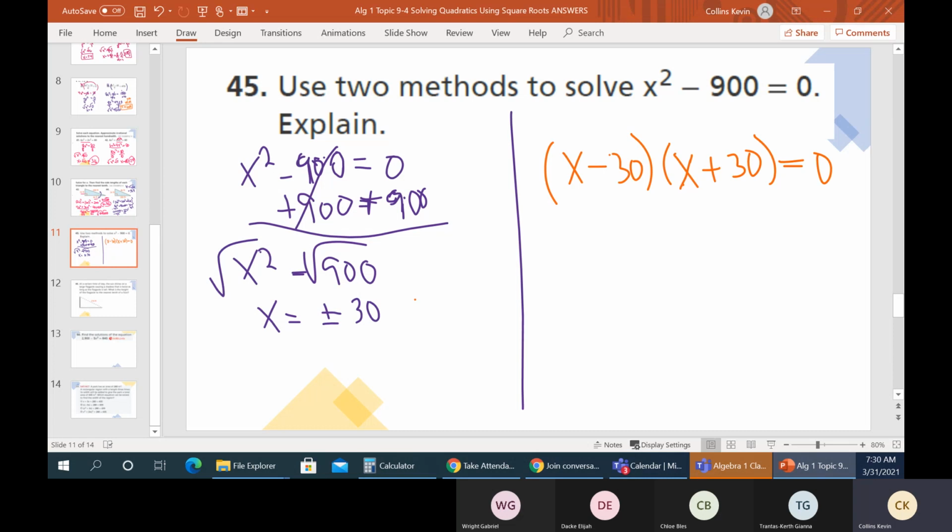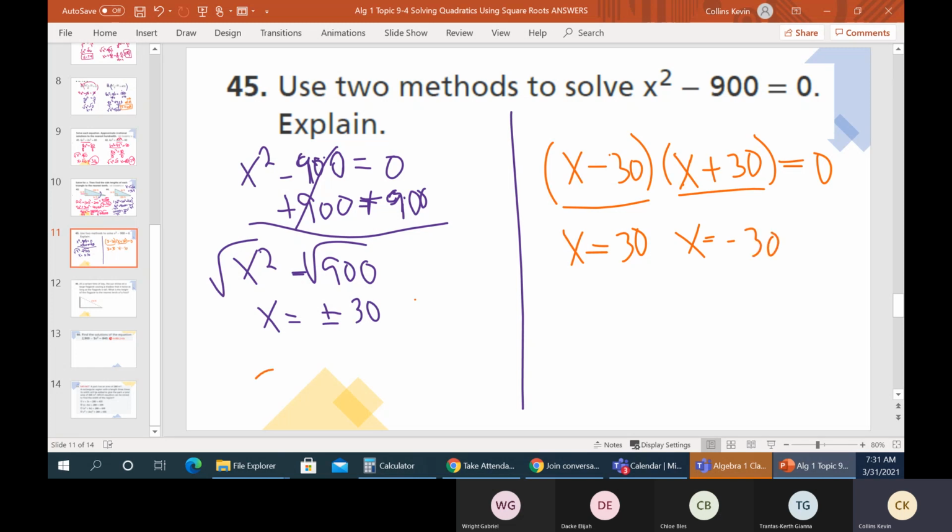And if you FOIL that back out, you get a minus 30x and a plus 30x in the middle, so they cancel. So I get x times x, that's x squared, minus 30 times positive 30 is negative 900, excuse me. There you go. So then in this one, we say, well, what makes this guy 0? Well, it goes to 0 when x equals 30, right? And over here, we go to 0 when x equals negative 30.